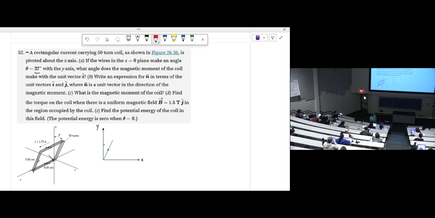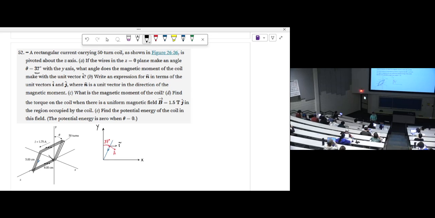And we had to orient an angle 37 degrees like so. And the normal, which is going to be perpendicular to this loop, in this case, is going to be pointed down like so. That's n hat. And i hat is going to be pointed in this direction, right? It's going to be pointed in the x direction.